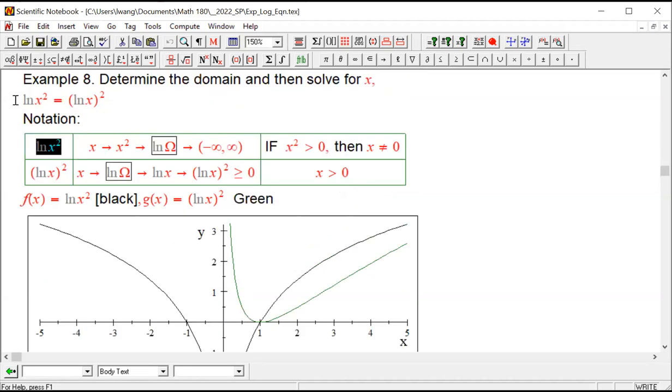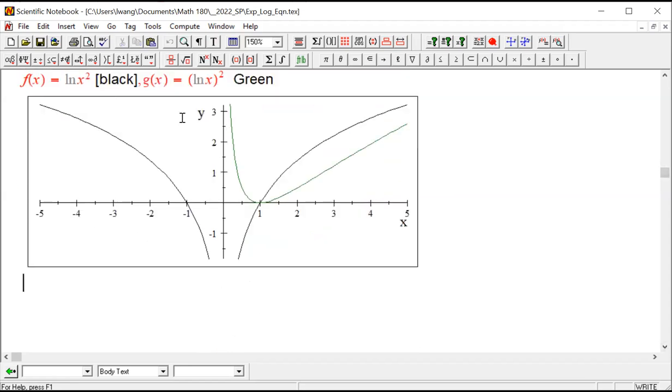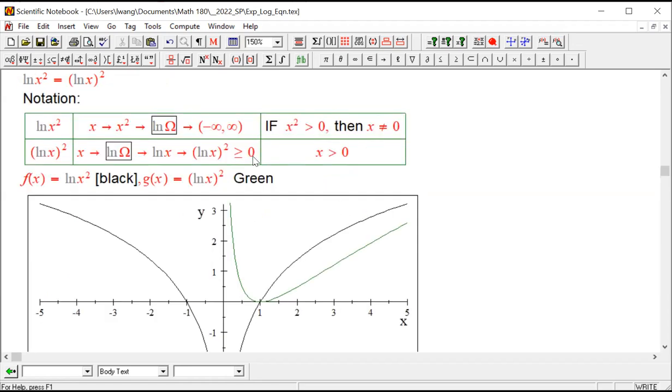So when we put these two together, what are we trying to do? We're trying to find for what value of x this statement is telling us we want them to have the same output. So when could they have the same output?